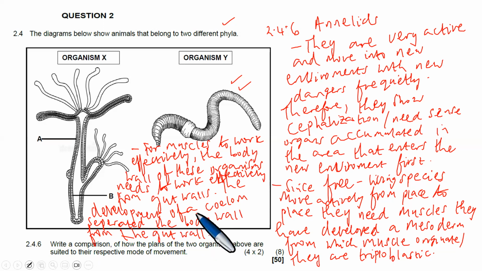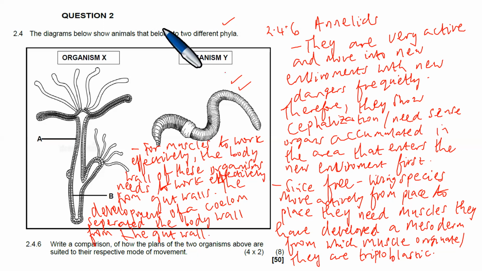So we obviously understand that. Okay, we continue. You note the point that the development of a coelom separated the body wall from the gut wall.